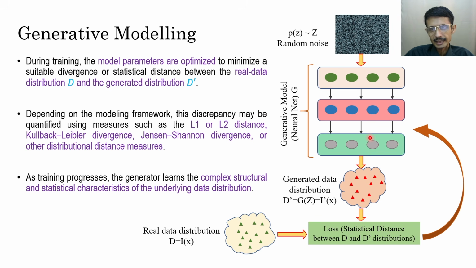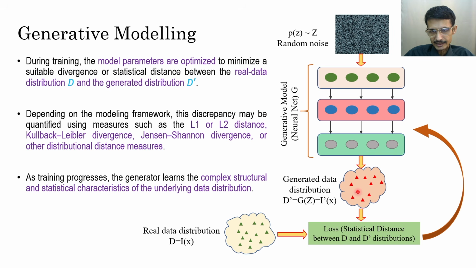So what is the basic understanding here? When we start training, we use some random values as the weights or parameters, which will generate some samples.